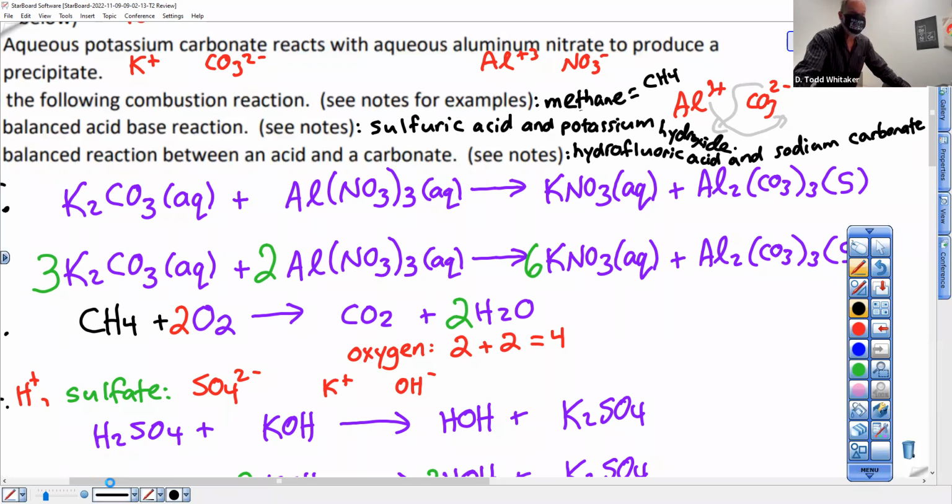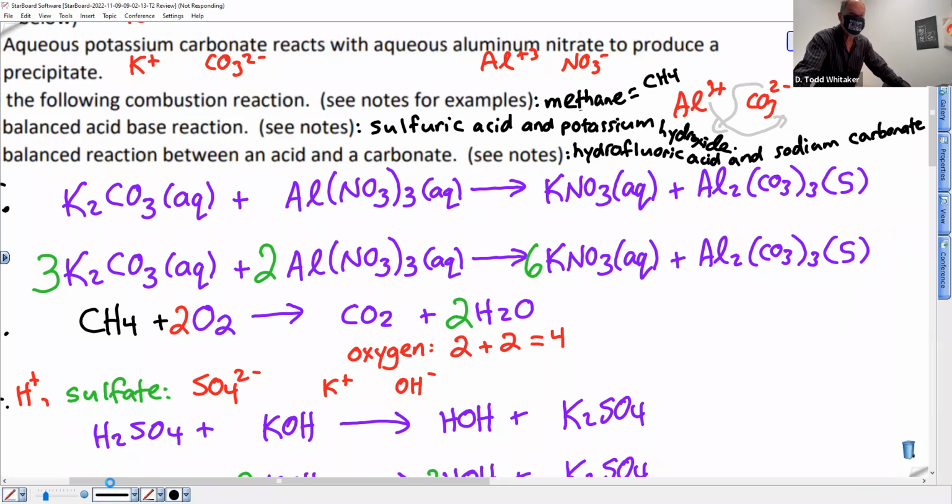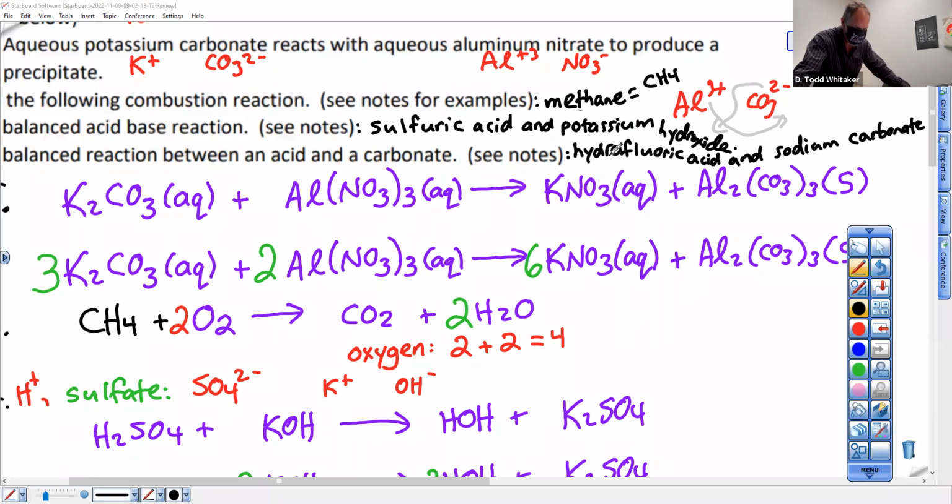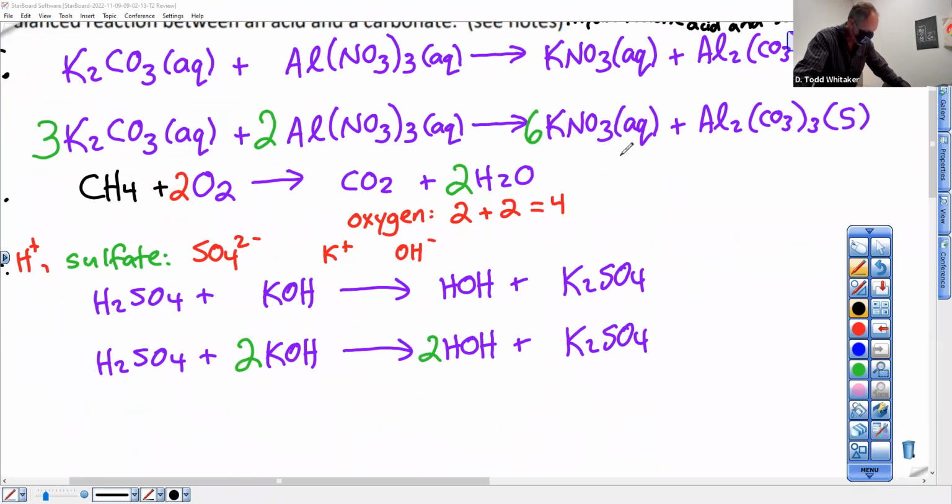So hydro- is binary. That means there's H plus and only one other element. What is that other element? F. And of course, it's got to be an element that balances H plus. So it's really an ion, right?